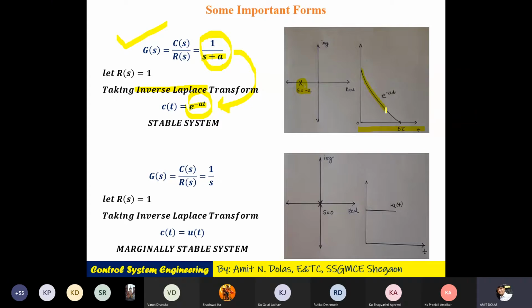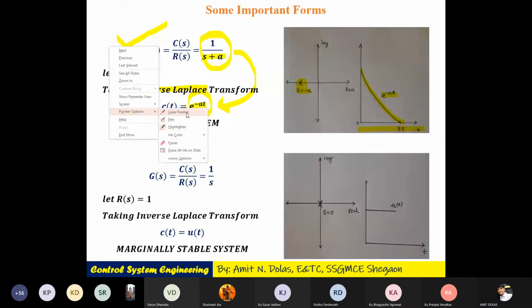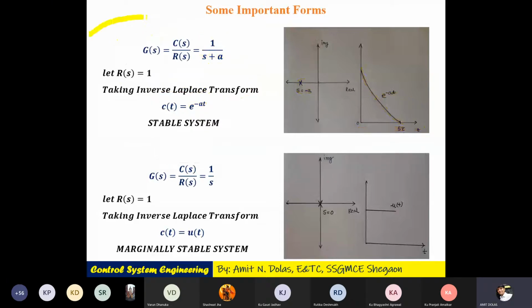This signal will be like this, e raised to power minus at. In this case, how is the output for the impulse response? The output is bounded, not moving to infinity. It is moving towards 0 and vanishes, and we have seen this in the definition. Therefore this system is stable.